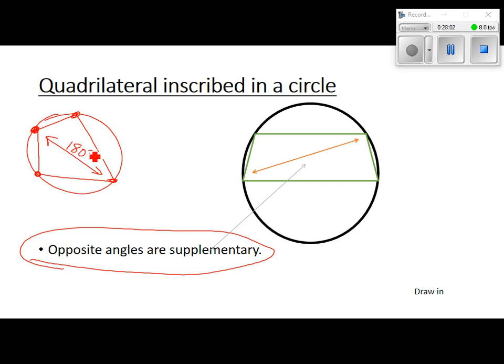They have to be supplementary. The angles opposite each other have to add up to 180. And it goes for these angles also. I just didn't draw it, so it would work for those 2 angles also. But opposite angles have to be supplementary. So just another rule for circles.